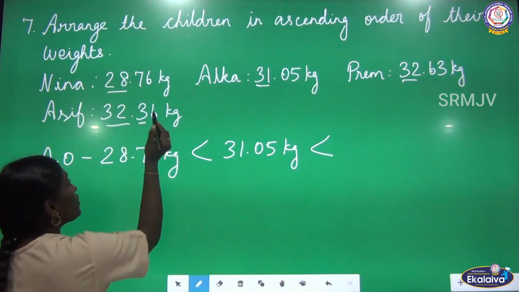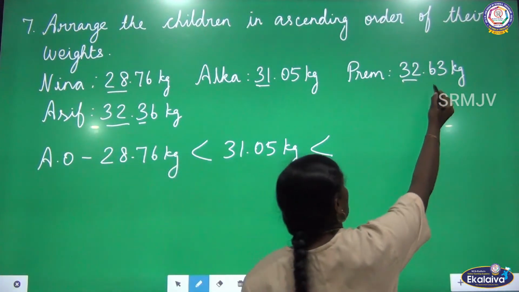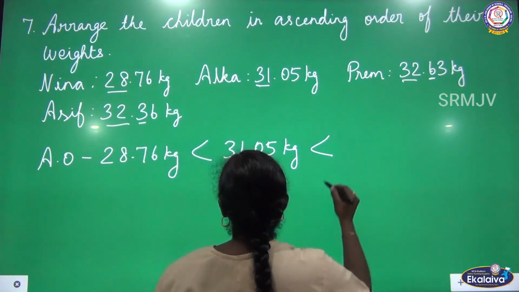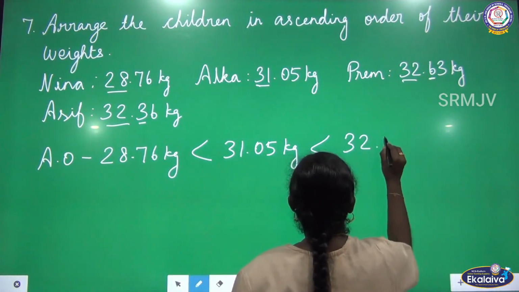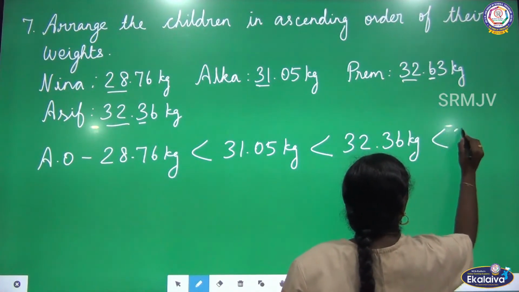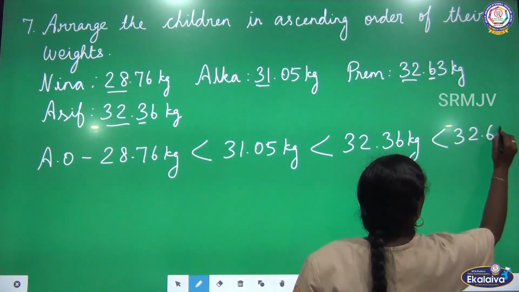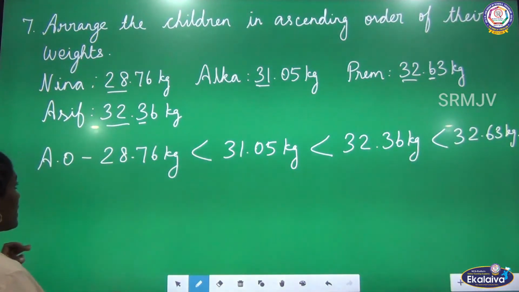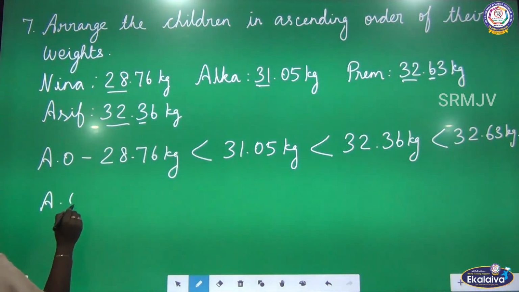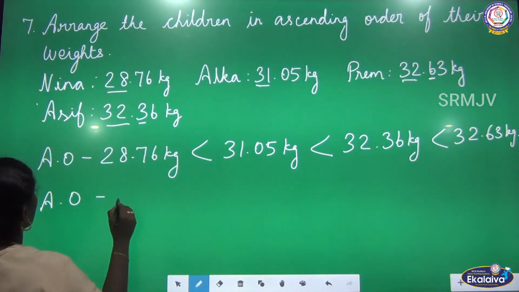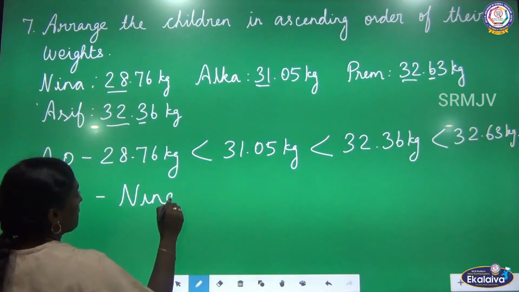In the remaining two decimal numbers, 32 is a whole number part, same. So we are going to compare the first decimal place. Here 6, here 3. So 3 is smaller. So 32.36 kilogram and 32.63 kilogram. Now we are going to arrange the children. So 28.76, that is Nina.